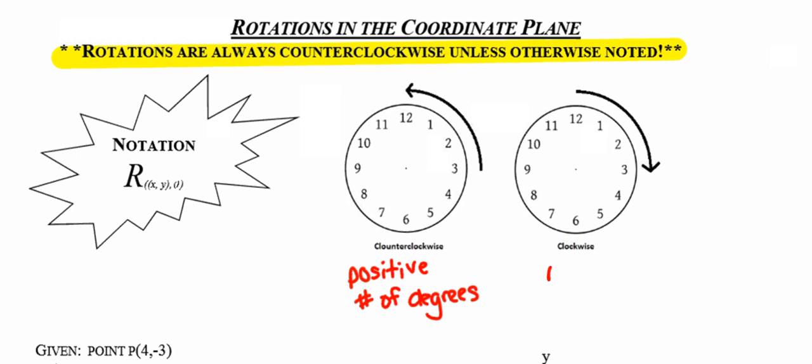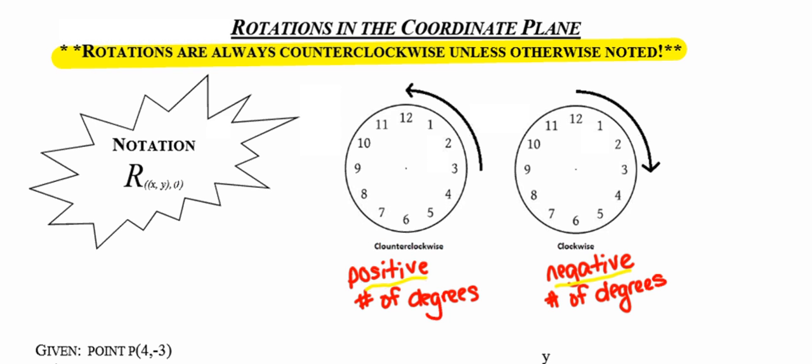Anytime we see a negative number of degrees, that's going to be our indication that we're going to turn or rotate in a clockwise direction. So again, a positive number of degrees tells us that the movement or the turn is counterclockwise, whereas a negative number of degrees tells us that that turn is going to be performed in a clockwise direction.